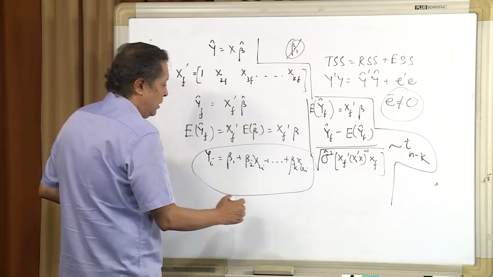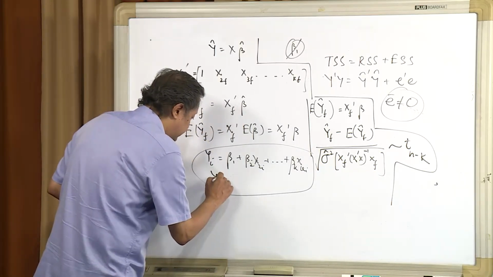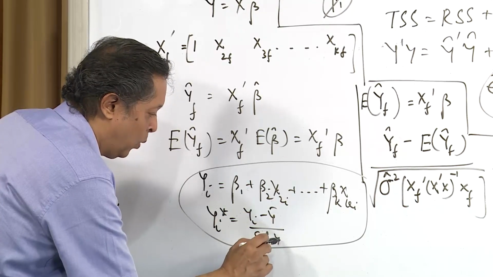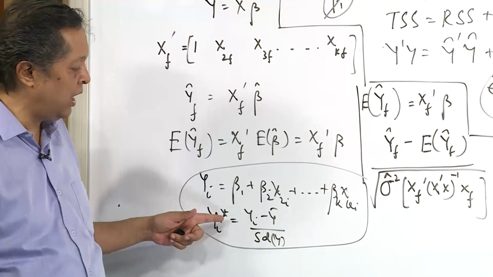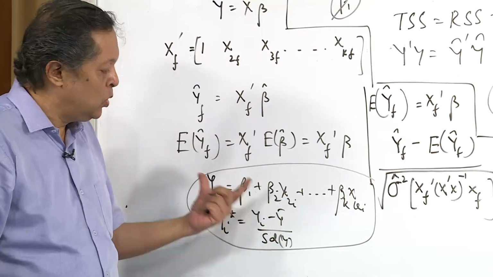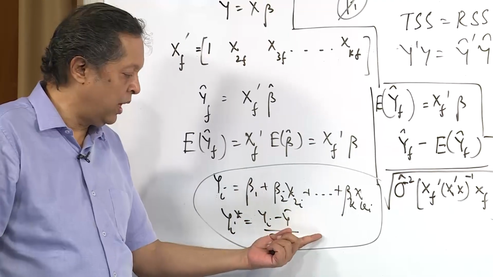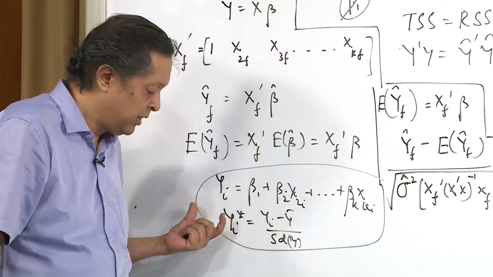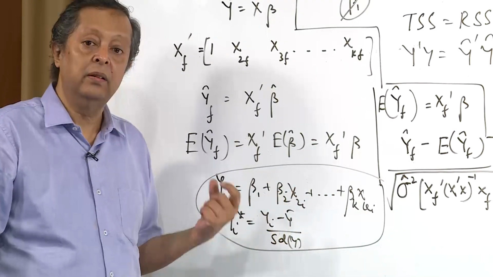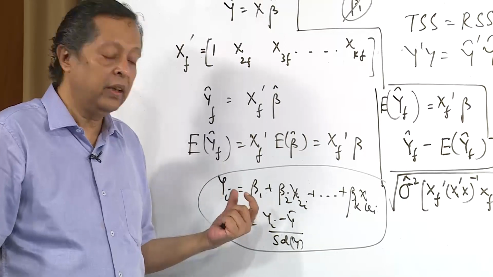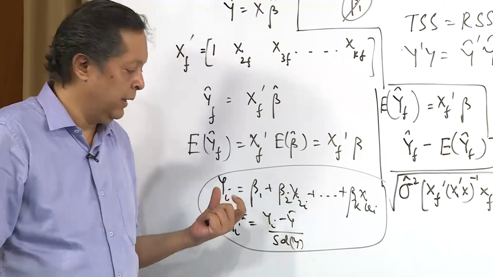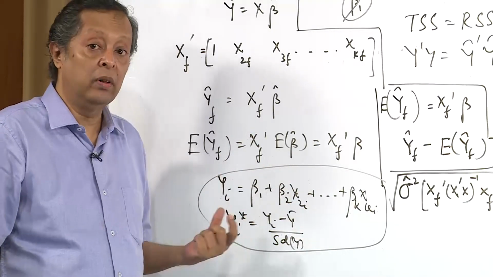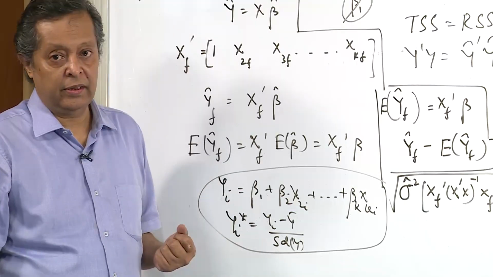So, then we write y_i star is equal to y_i minus mean divided by standard deviation of y. Similarly, x_2i star is x_2i minus x2 bar divided by standard deviation, and once we do that, regression on standardized variables gives us unit free regression, which sometimes is very important for economic analysis.